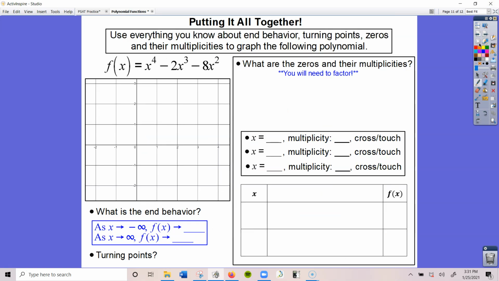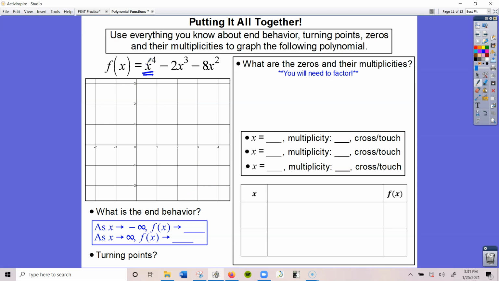So how does this help me graph? If you understand multiplicity, you actually don't need to do the chart, but I'm going to show you both ways anyway. So we have here x to the 4th minus 2x to the 3rd minus 8x squared. In this example, my leading term is x to the 4th, and I need that in order to determine the end behavior.